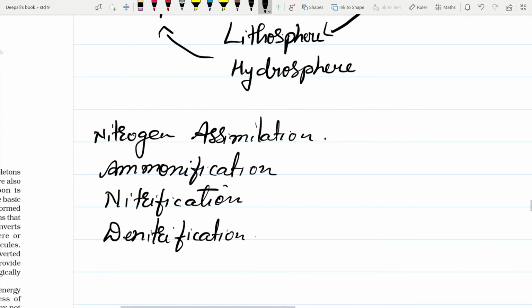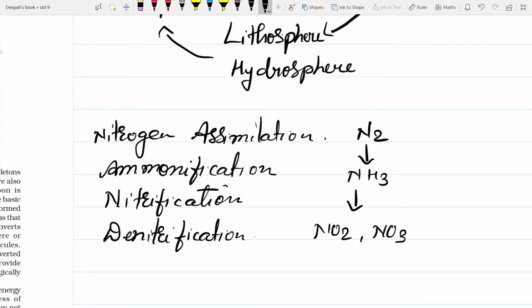It's simple. Here N2, which is nitrogen, is converted into NH3 form. Then it is converted into N2O or NO3 and then back into N2. This is how the cycle works for nitrogen.